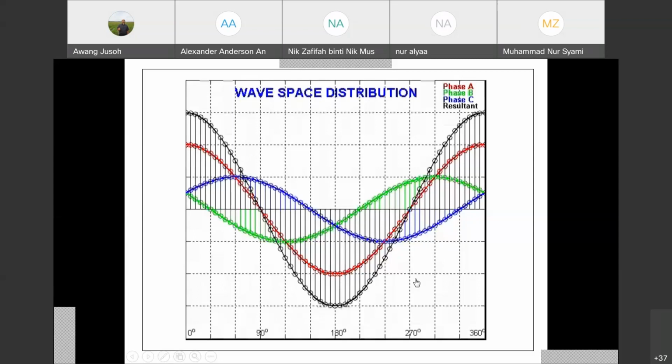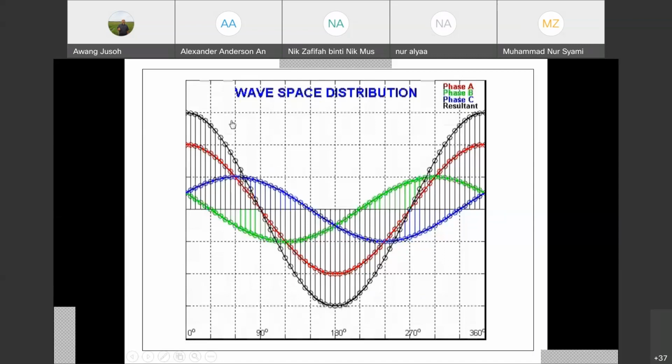When time moves, you can see the MMF will move, whether to the right side or left side, depending on the sequence that we apply to the machine. If we apply the red, yellow, blue sequence, the black color here will move to the left side, with the same amplitude and same peak, but it moves to the left side. And if we reverse the sequence, it moves to the right side again.